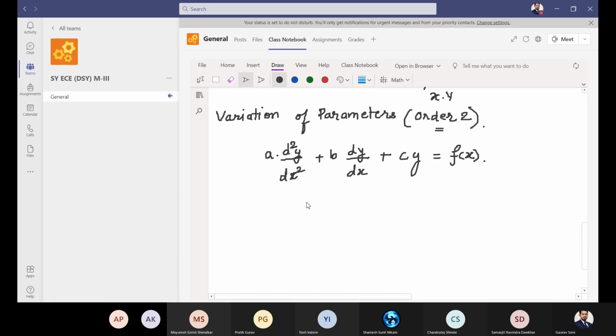You can see that the highest number of derivatives of y taken in this differential equation is 2, and that's why this is an order 2 linear differential equation with constant coefficients. A, B, C are constants.